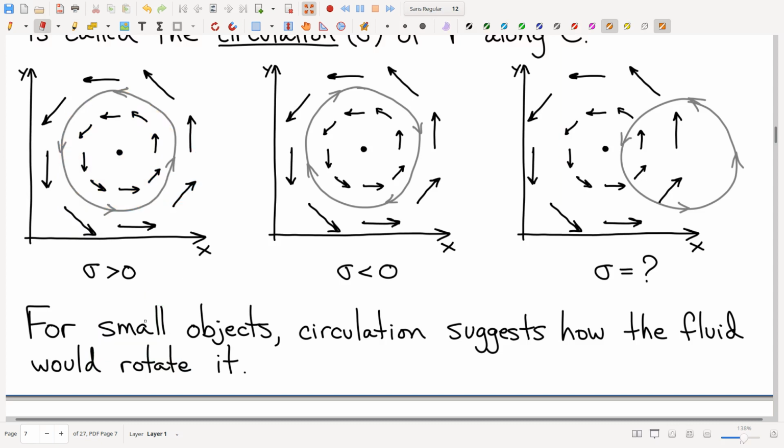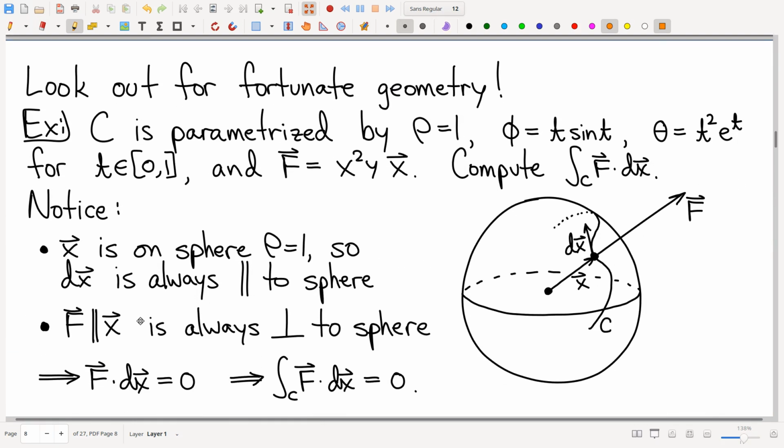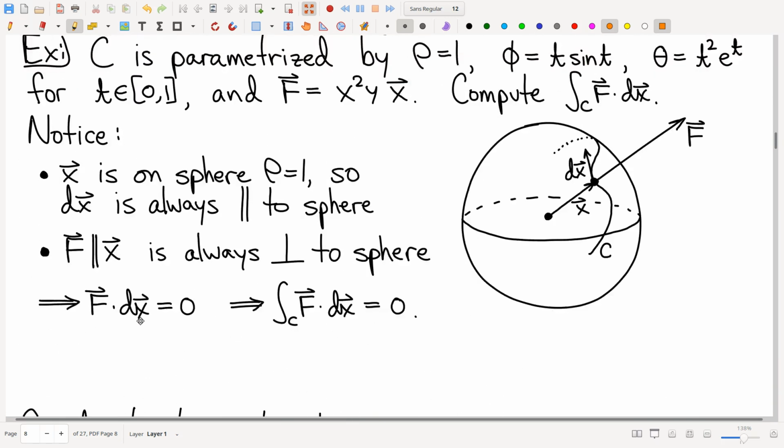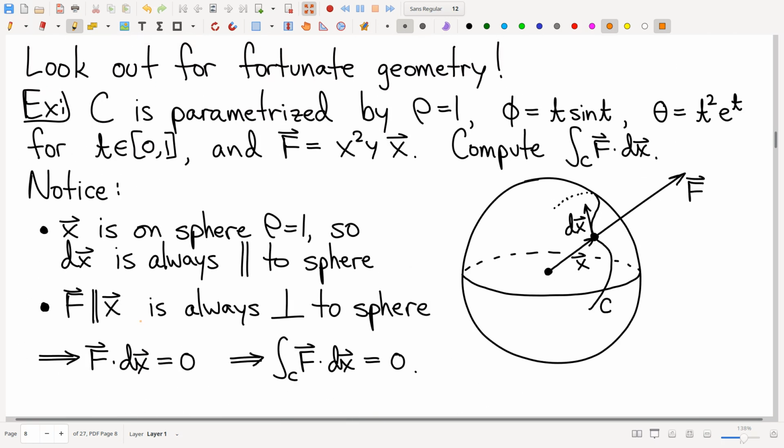Okay, let's see here. I believe I have a couple of quick examples to do here real quick. We should be able to get through this page, I think. So sometimes you get lucky with geometry, keeping in mind that when you're looking at a line integral, the vector field is something that you can just draw a picture of. Right? In this case, this vector field, you'll notice it points in the direction of the position vector.